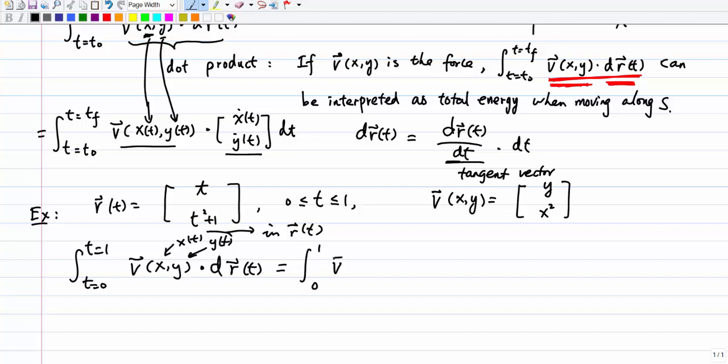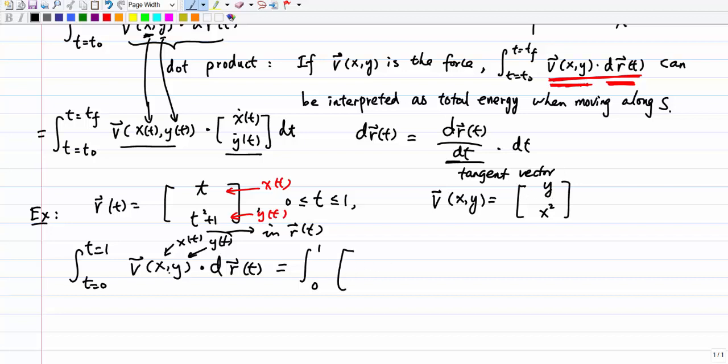So this is V dot (x, y). What is x(t)? The first one defines x(t), the second is y(t). So x(t) is just t, and we directly replace it by this.